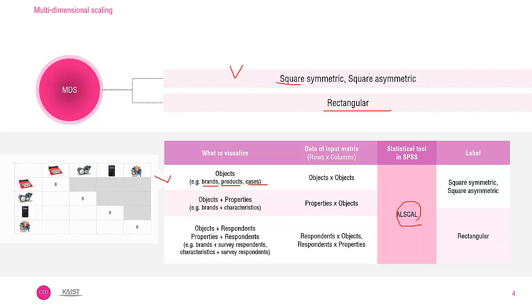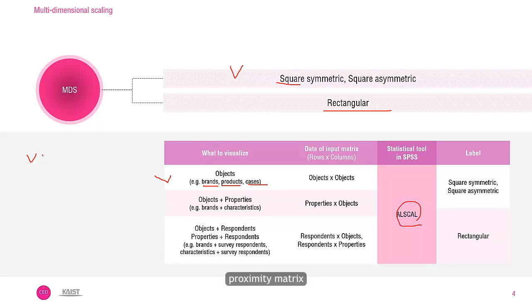For example, this proximity matrix is the case. Other than that, the input matrix consists of two different substances, such as properties by objects, or respondents by objects, or respondents by properties, etc. Consequently, the shape of the data matrix is basically rectangular.